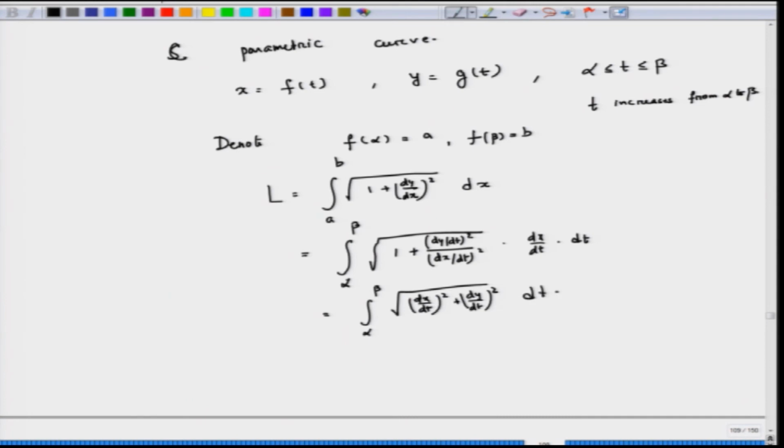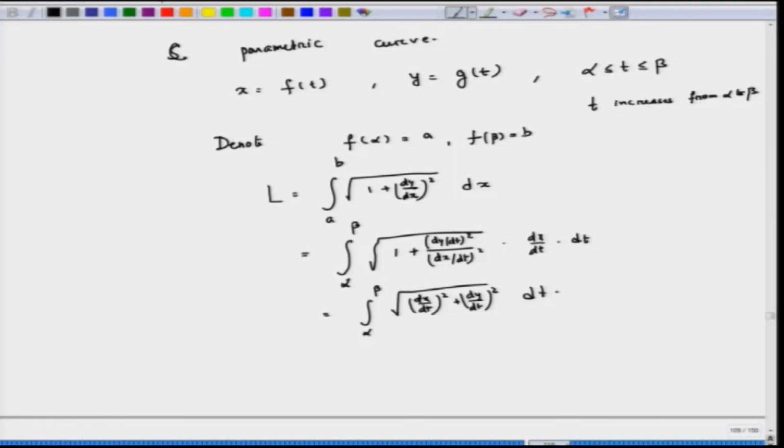So, this is what we get if C is expressed in terms of y equal to capital F of x. Even in the case if C is not expressed in the form of y equal to capital F of x, by polynomial approximation we can get this formula.